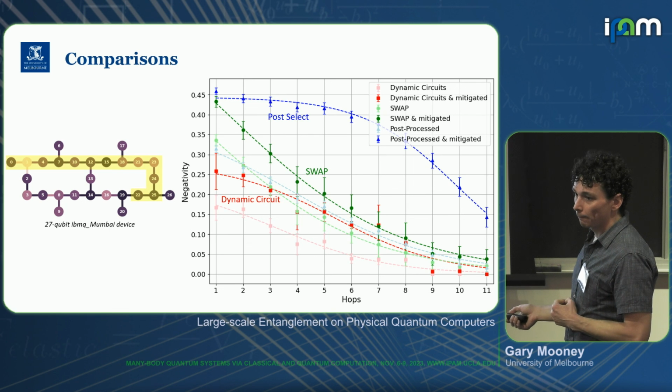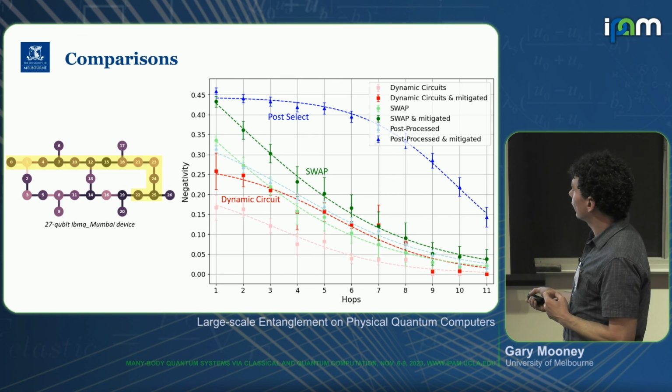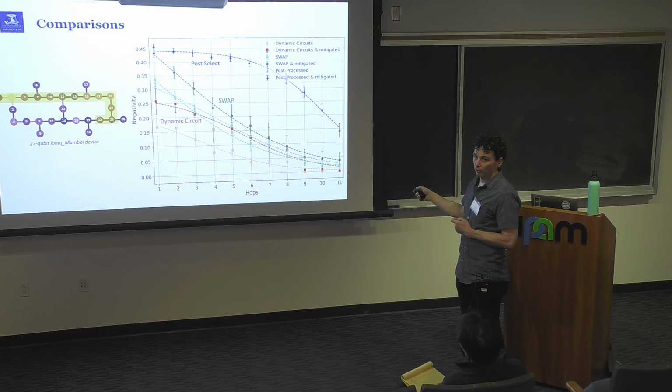If the measurements are the bottleneck, how come post-selected is so good? Well, the measurements here are done in parallel, all at the same time, including the readout measurement. I see. But also, we can do readout error correction on this, because it's still statistical, because we're doing it right at the end of the circuit.